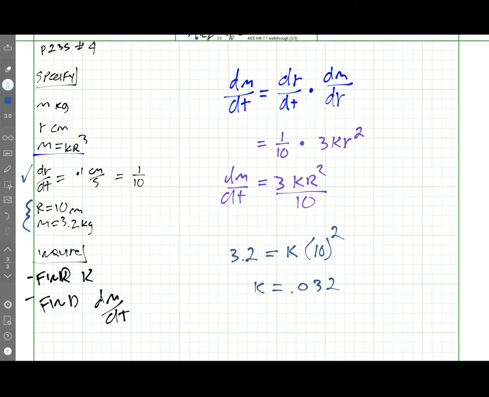And then this is density, so this is kilograms per meter cubed. Oh, this is cubed. Sorry, I knew it was density. So this is 0.032 kilograms per meter cubed. There we go.